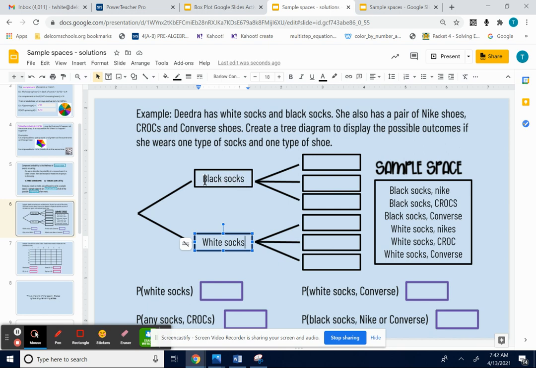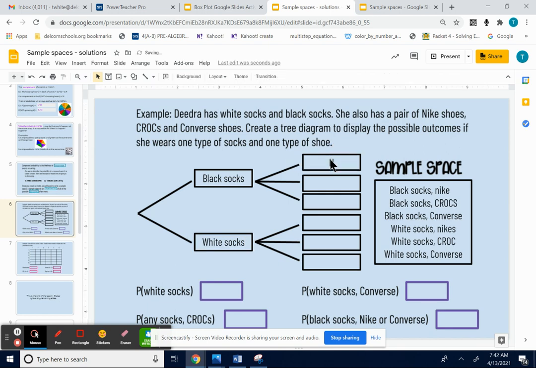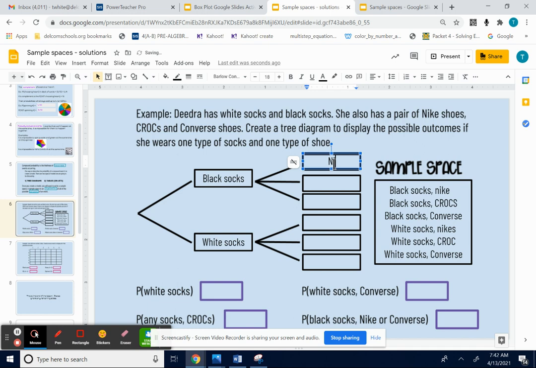If she wore black socks, she could wear the black socks with Nikes, black socks with Crocs, or black socks with Converse.